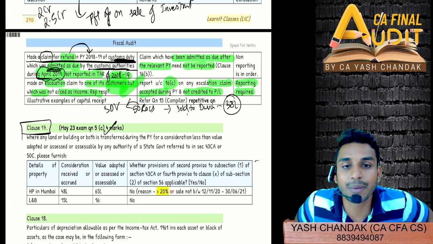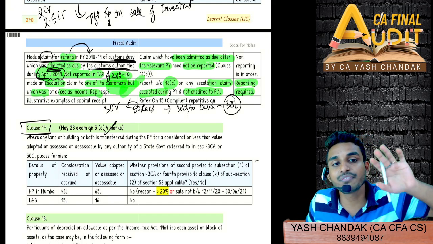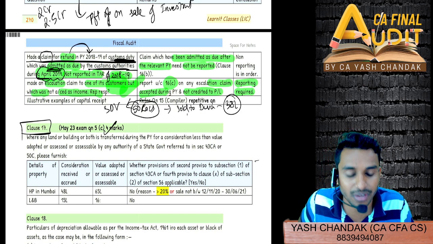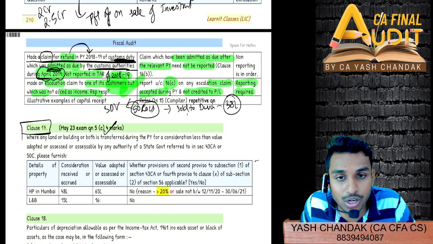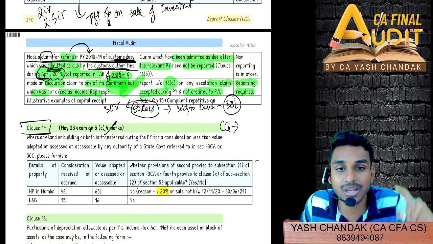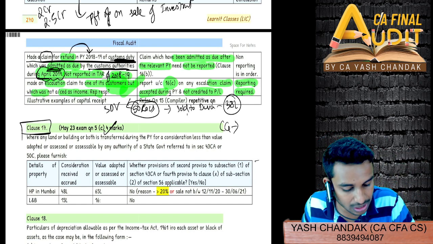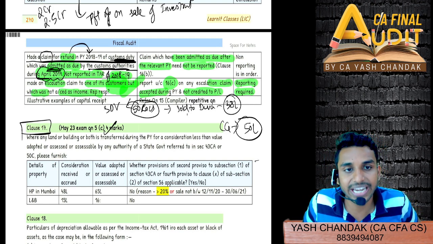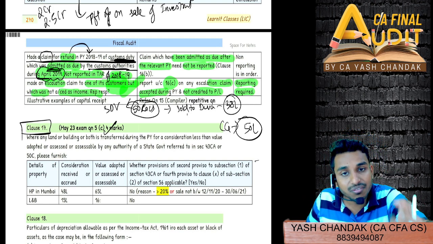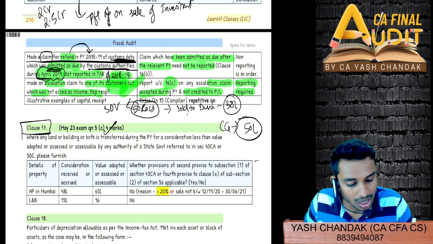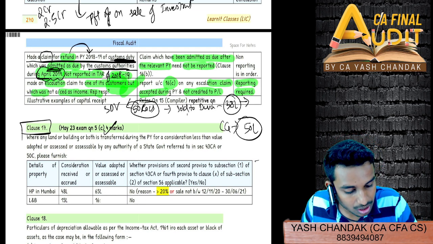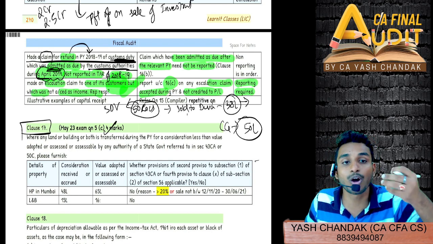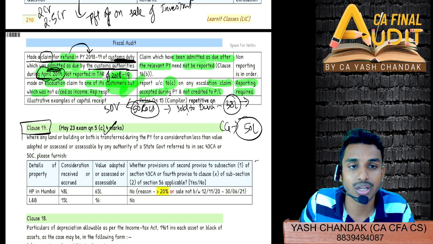So what the income tax department tells here is, if you try to do this, that is, disclosing your sale consideration less than the stamp duty value, then your capital gains will be computed based on the stamp duty value only. That is, the stamp duty value will be considered as the full value of consideration. And the person receiving the money, that is I am receiving 38 lakhs according to the contract.